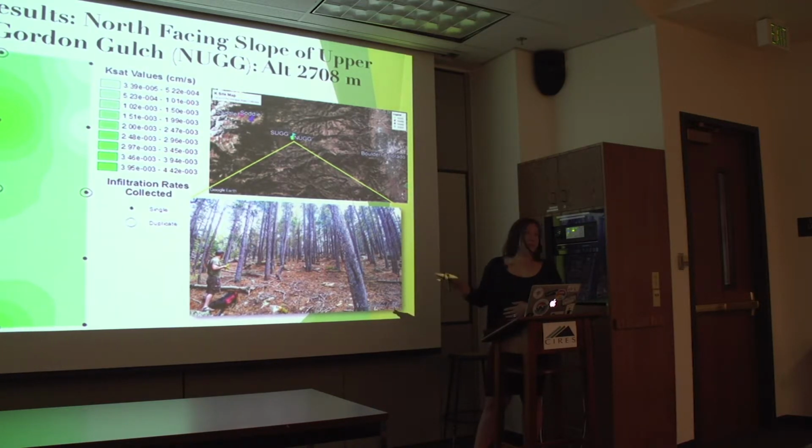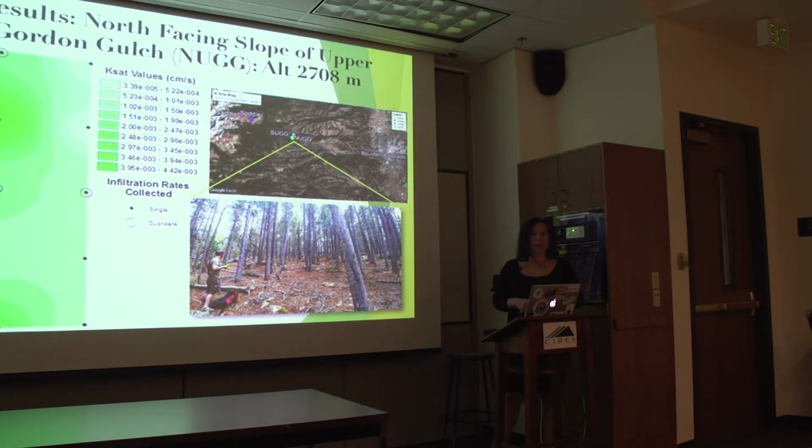This was the only north-facing slope that we did. You can see a large amount of pine. It's lodgepole pine with a really species-poor understory, not a lot of vegetation, and really dense, silty loam soil. I probably had the hardest time collecting infiltration rates at this location. I went back about three times and did this hike, redoing most of the sites.